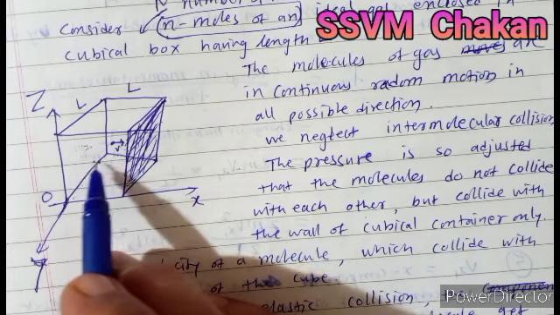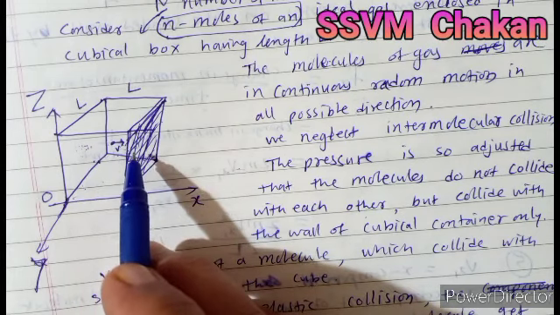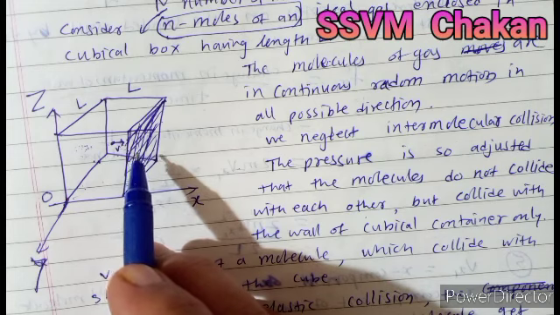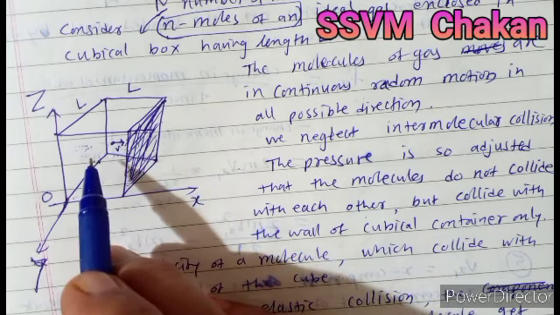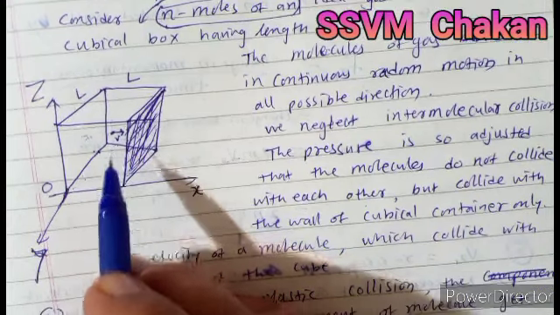Initially the gas molecule first collides over this shaded region. When it collides on this shaded region, it rebounds back. During that collision, it changes its momentum.